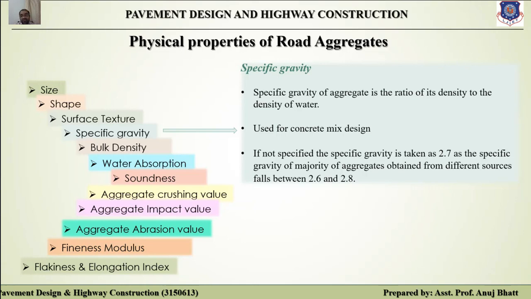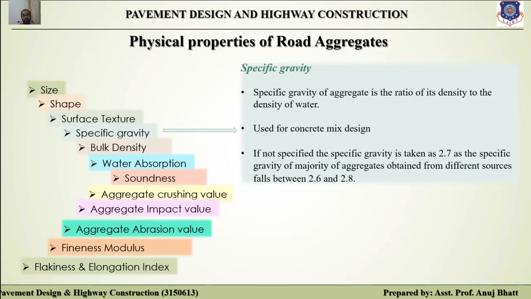The reason is that the specific gravity majorly varies from 2.6 to 2.8, so we can consider an average value, and that's why for design purposes we take the value as 2.7. So this was all about specific gravity.